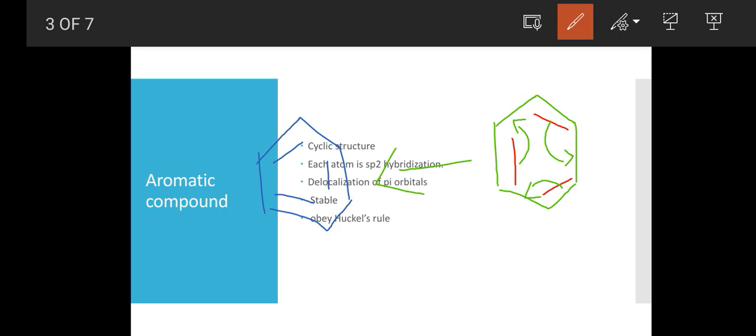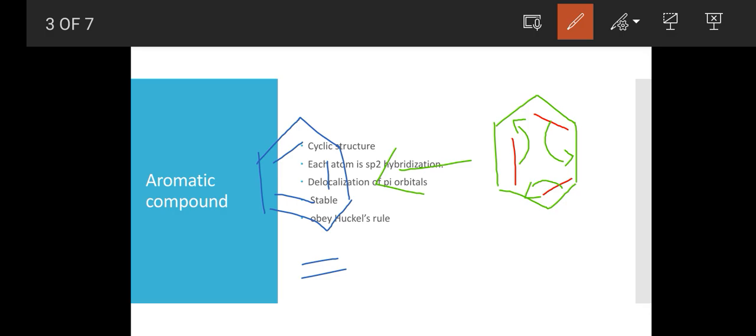So that is the third rule. And the fourth is a stable compound. This compound is a stable one. And the final one is that it obeys Huckel's rule. A compound that obeys the 4n plus 2 rule is an aromatic compound, and one that obeys the 4n rule is an anti-aromatic compound.